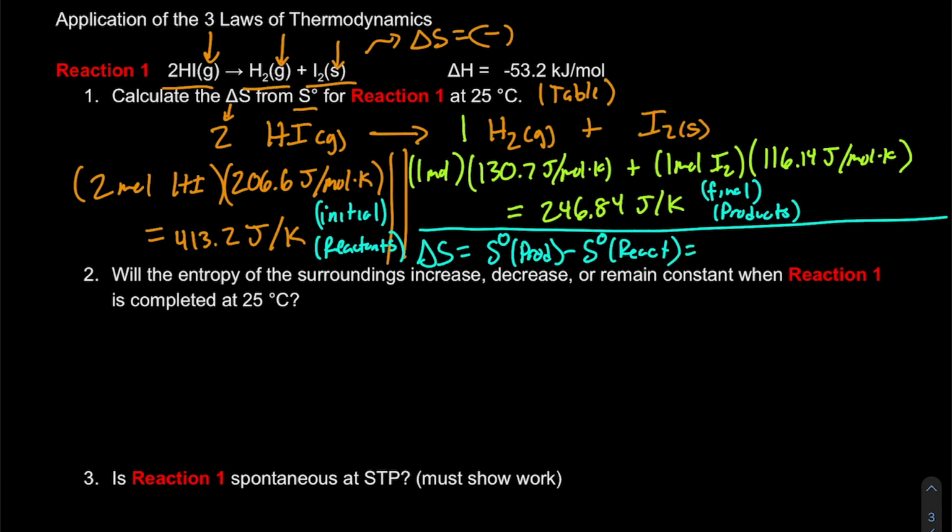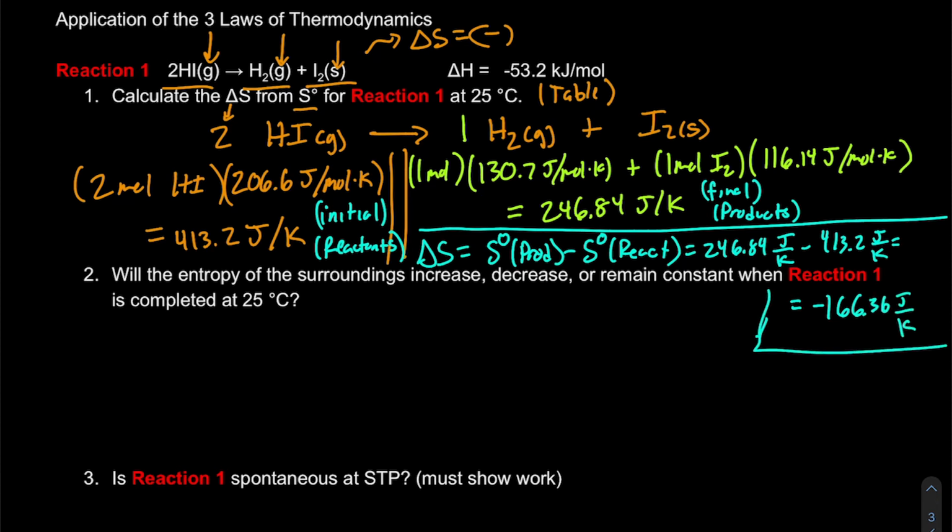And so this is going to be 246.84 joules per Kelvin minus 413.2 joules per Kelvin. And so we would find that our change in entropy here would be negative 166.36 joules per Kelvin.